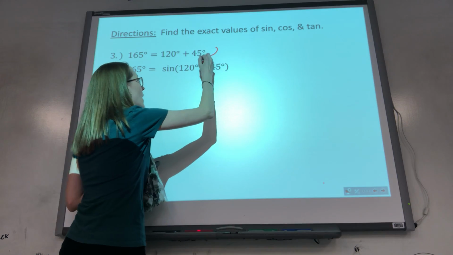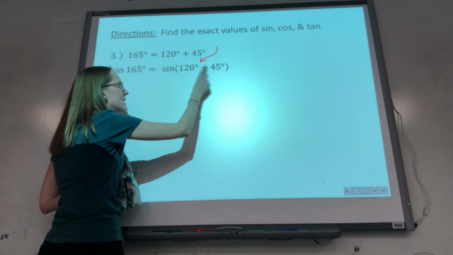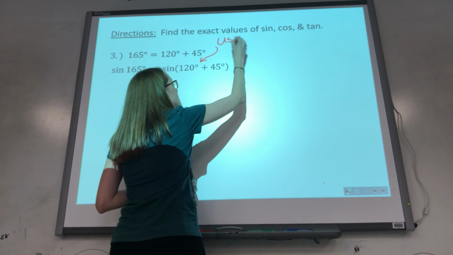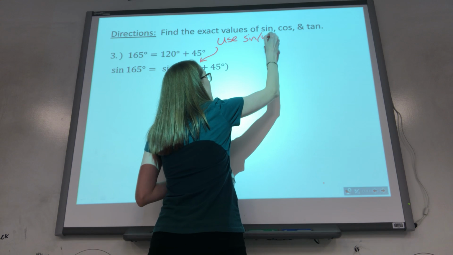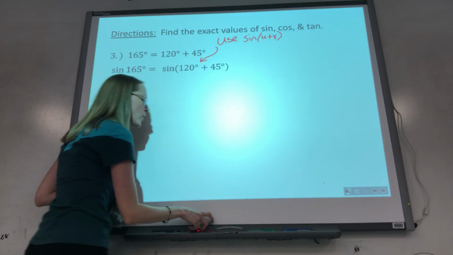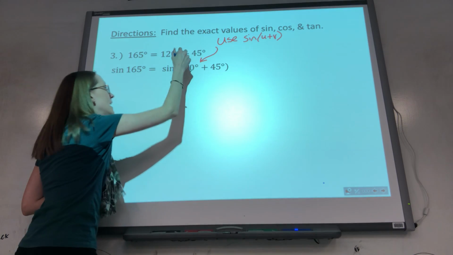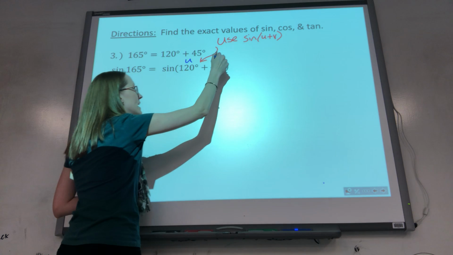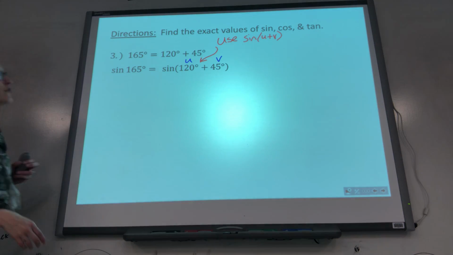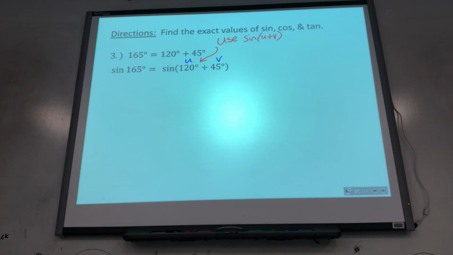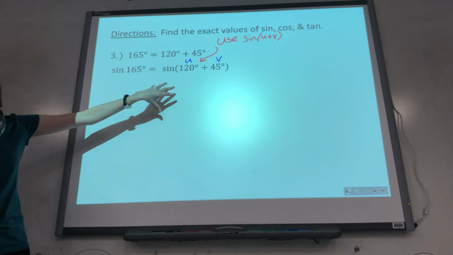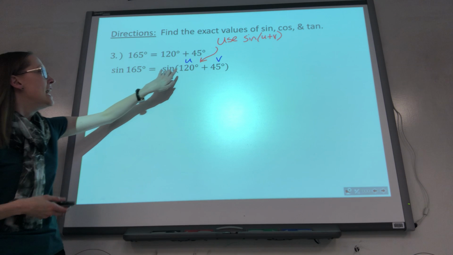But remember, sine of a sum, you're going to have to use your sine of u plus v formula. The u in this problem is 120 and the v is 45. So let's go ahead and start to use that. The formula, I don't have it up here, but you've got it in your notes.